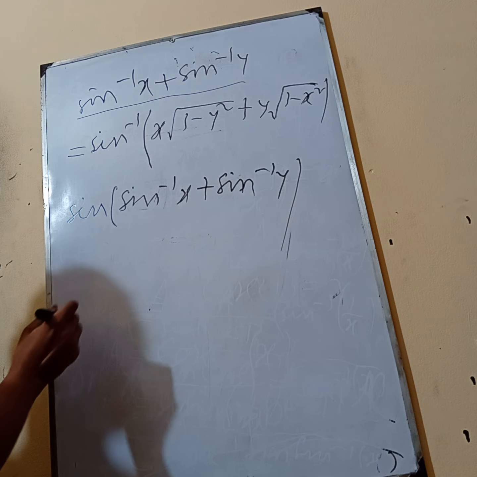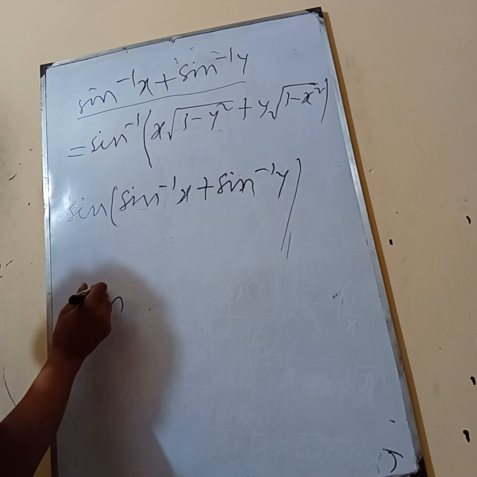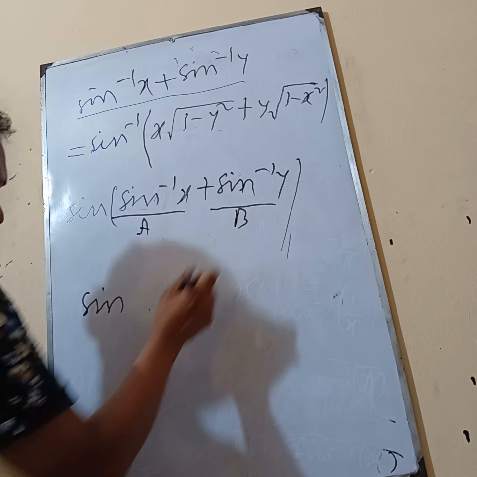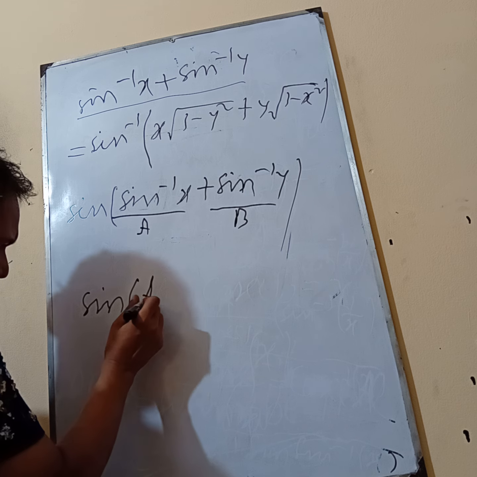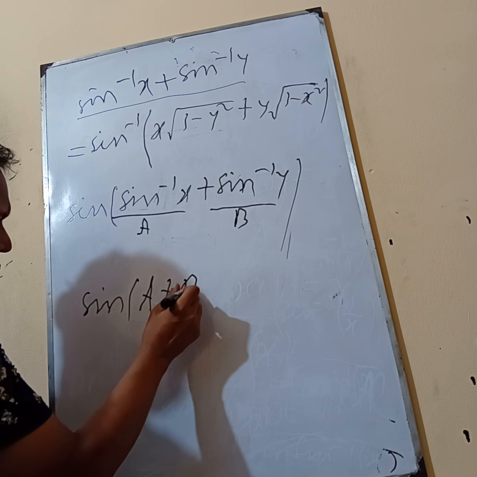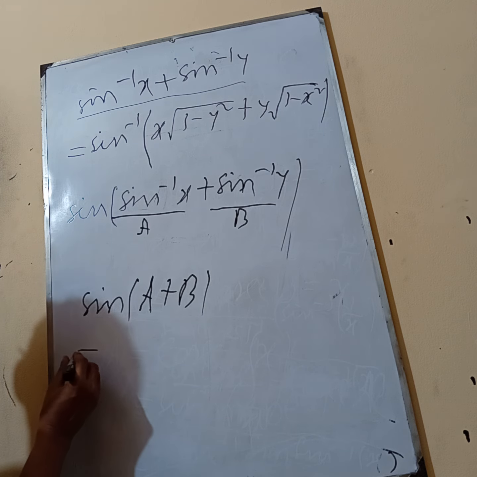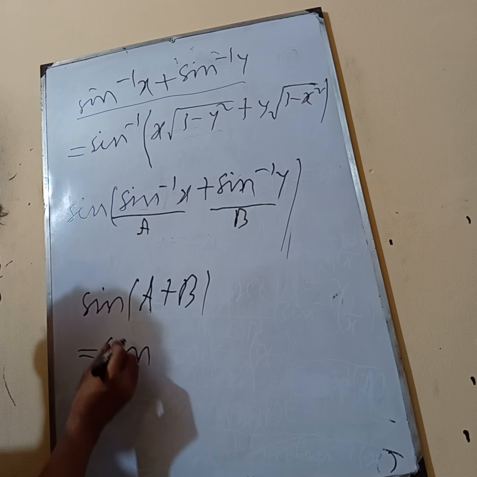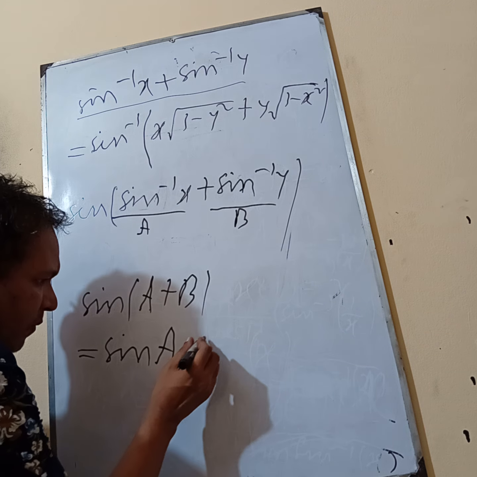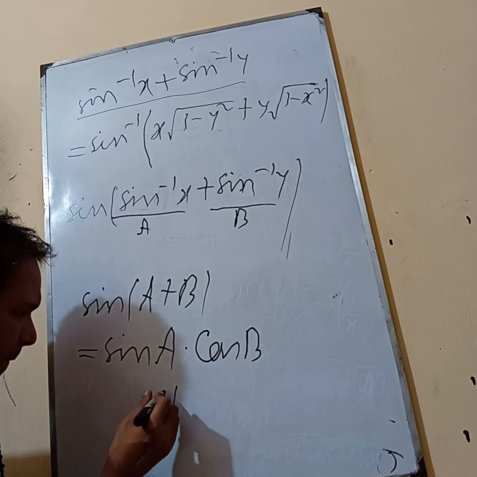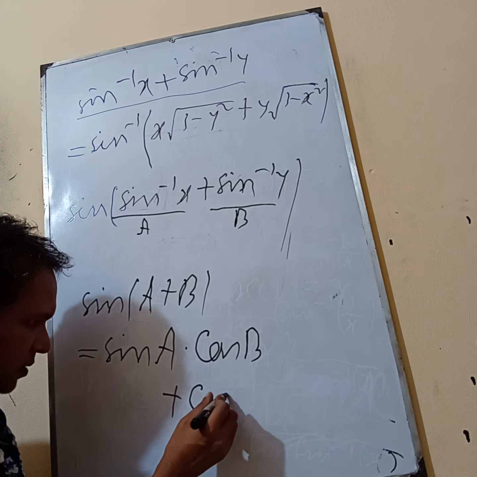Now I have to write in theory of trigonometry: sin of a plus b is equal to sin a cos b plus cos a sin b.